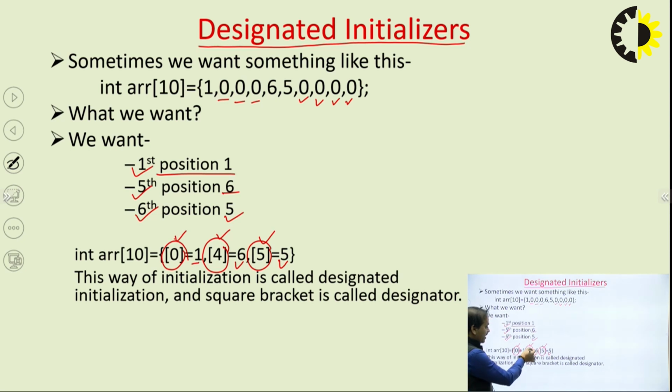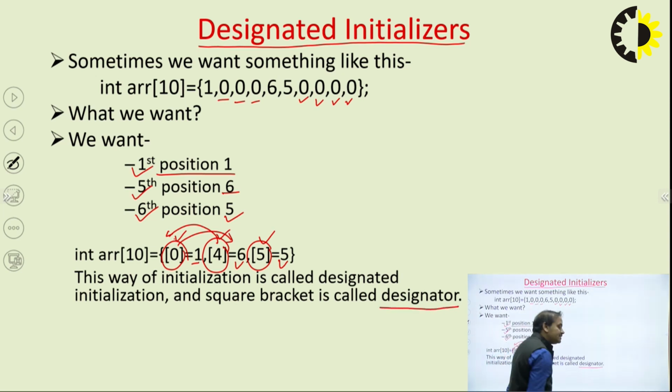That means if we write 4 here and 0 here, it would also be the same type of declaration. This way of initialization is called designated initialization, and the square bracket is called the designator.